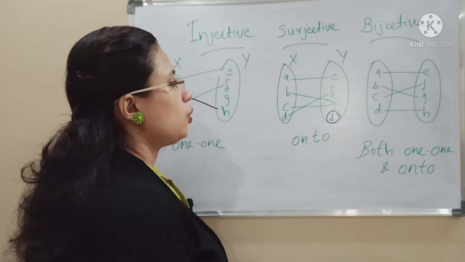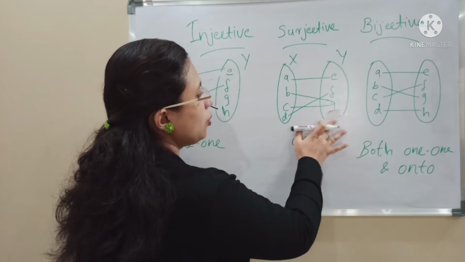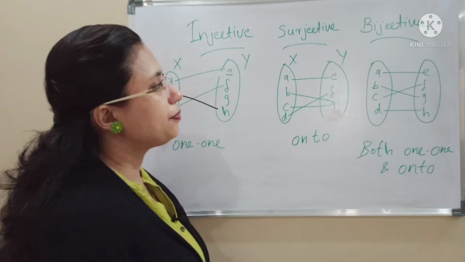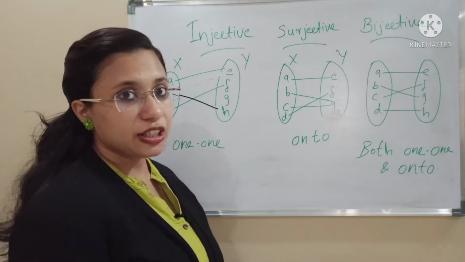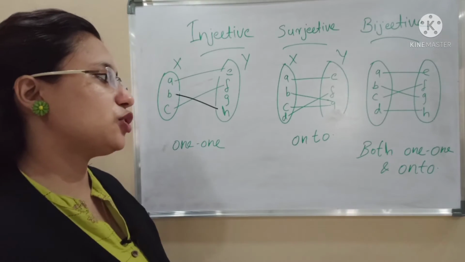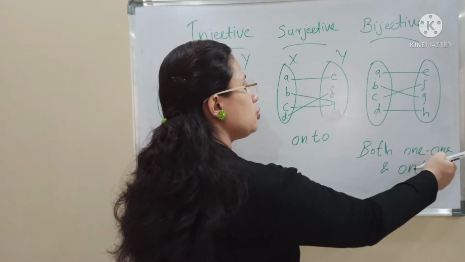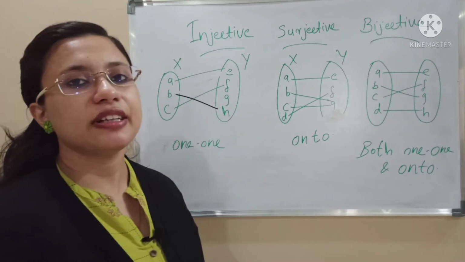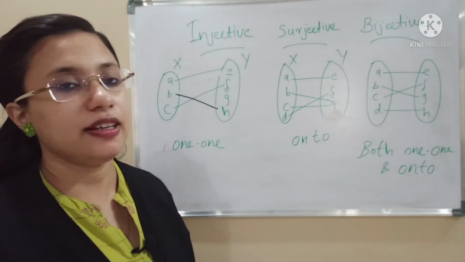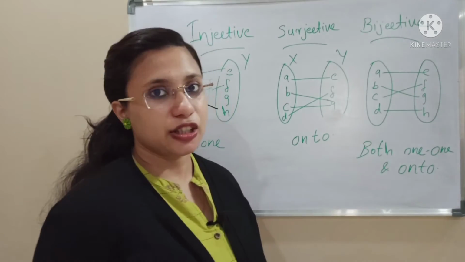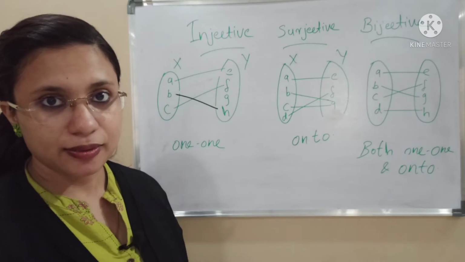Clear? Okay. Now what do you mean by bijective function? Bijective function means if both onto and 1-to-1 conditions are satisfied, then it is called a bijective function.